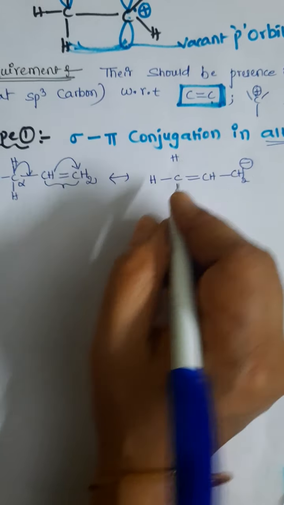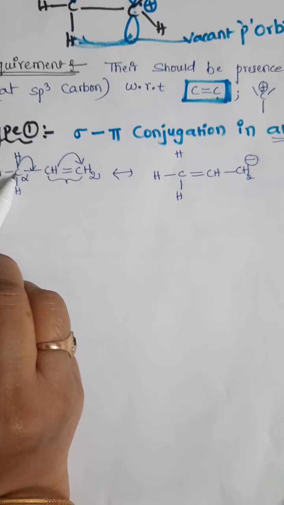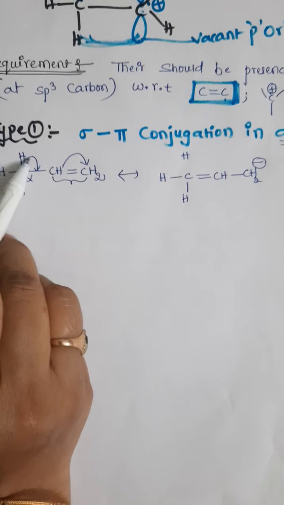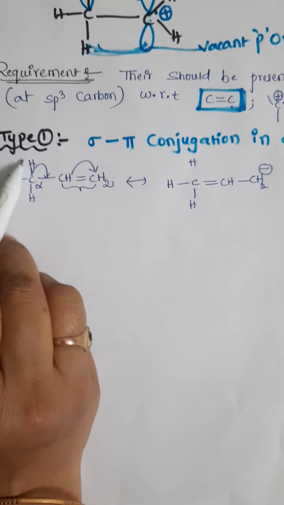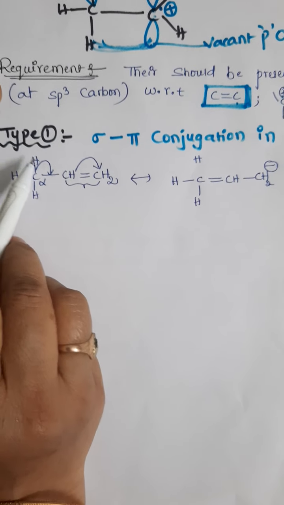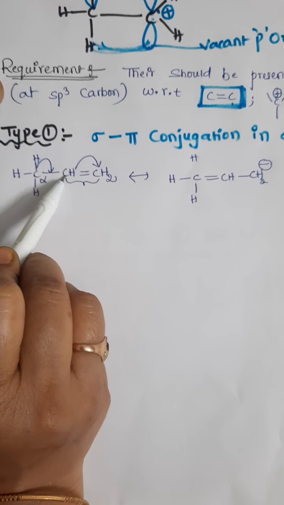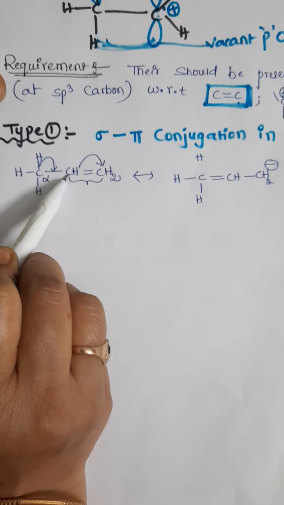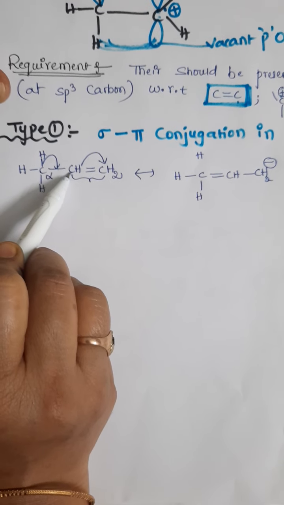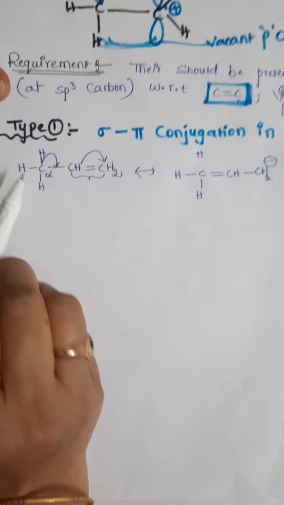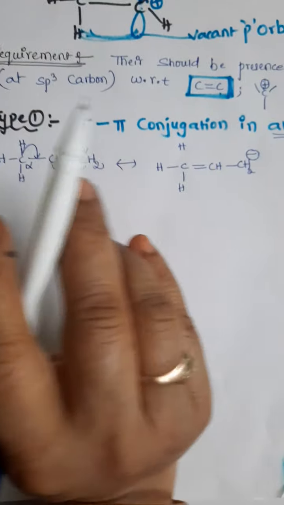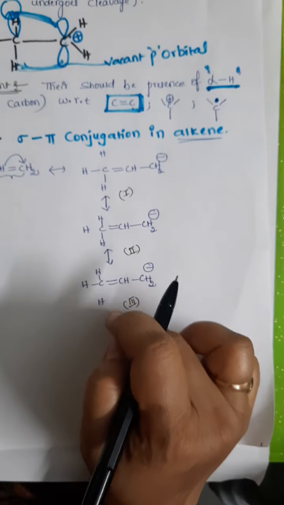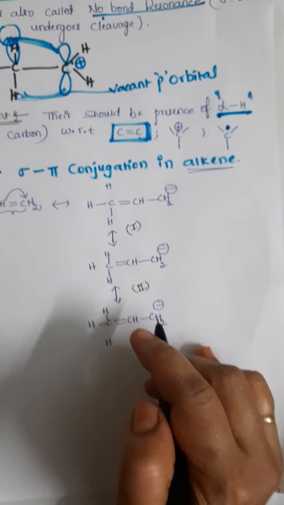There is no bond between the hydrogen and the carbon, because the sigma bond is shifting totally, and the bonded electrons shift to this carbon side, because it is an sp2 hybridized carbon with a vacant p orbital. Similarly we can shift the other hydrogens as well. Like this, I have written two more structures, students.